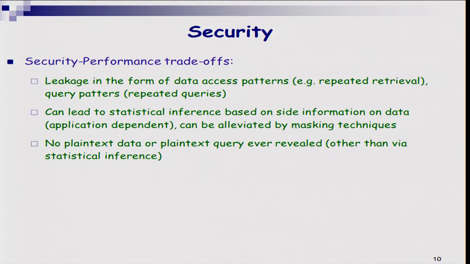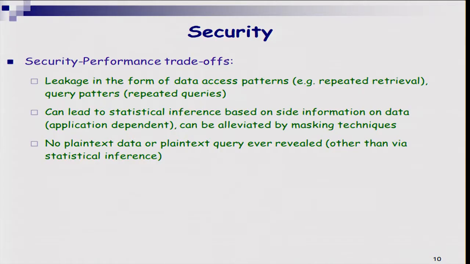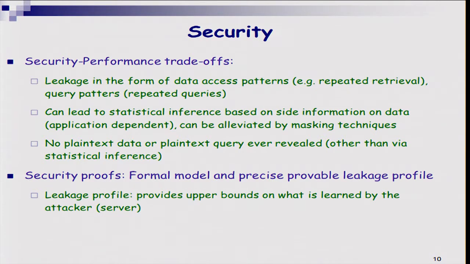Now, this doesn't give you immediate information about plaintext, but of course, this allows you to do statistical inference, especially when you have side information. And to judge how much of that you can do is basically application dependent. And another open question is really to understand better what type of leakage and which types of database work better or worse. As I said, plaintext data or plaintext queries are never revealed, but statistical inference is possible.